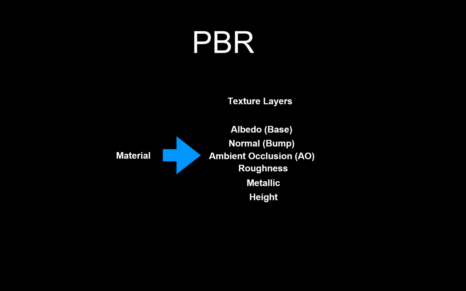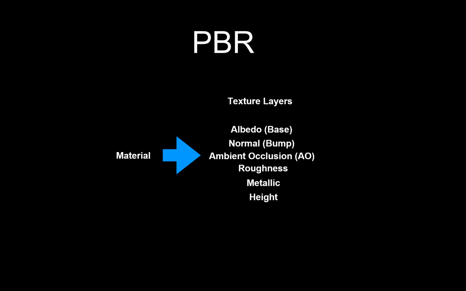A PBR metallicness system has, to create a material, you need a series of texture layers. So you've got an albedo layer, a normal map, an ambient occlusion map, a roughness map, a metallic map, and occasionally we use a height map. It's not very regularly we use a height map.